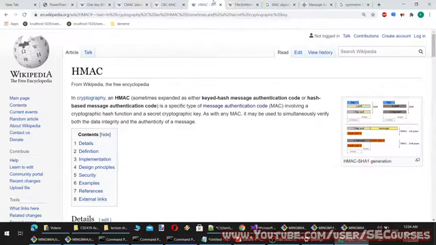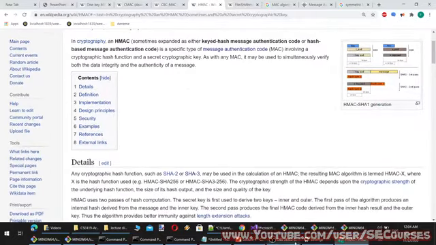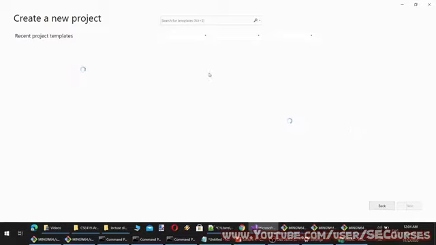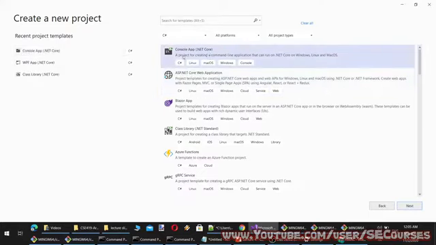I'm going to test HMAC, which looks like the simplest one. So I'm composing a C# project, a console app on .NET Core.